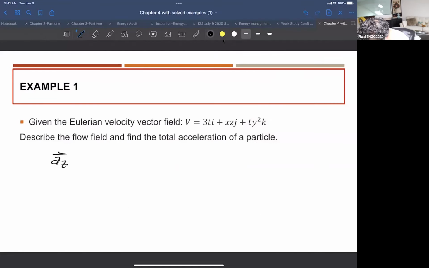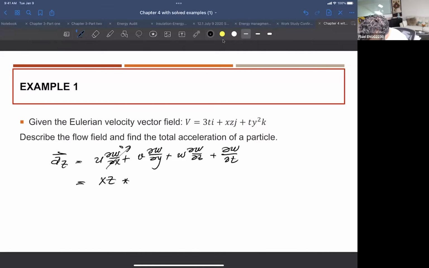Az vector is u dw by dx plus v dw by dy plus w dw by dz plus dw by dt. So u times dw by dx: w is not a function of x, so it's 0. Dw by dy exists, and v exists, v is xz, times dw by dy.